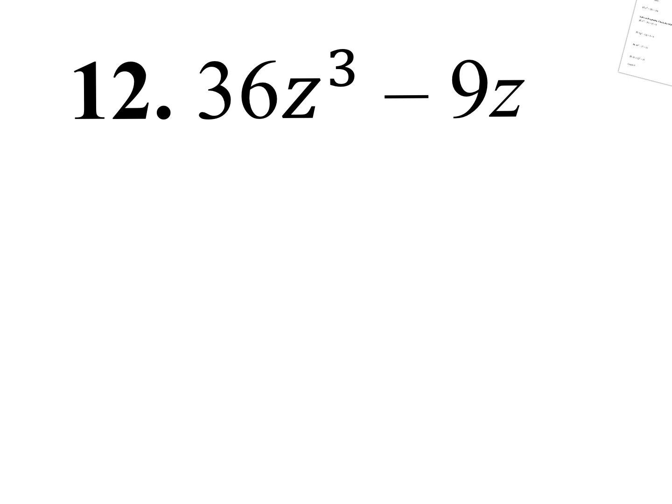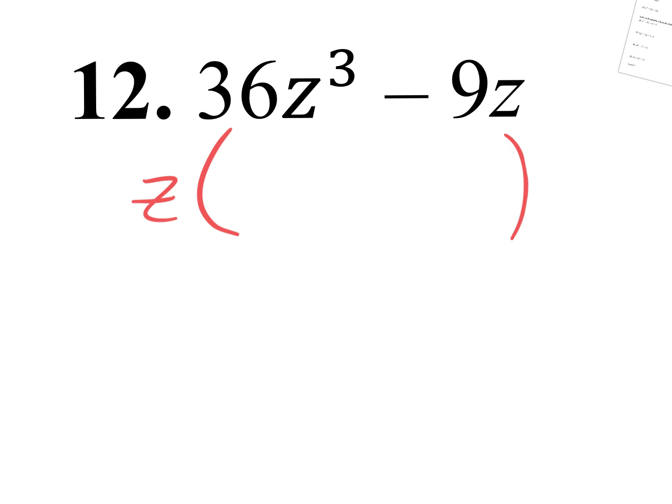So if there's something in common, pull out that thing that's in common. So as you can see on number 12, the 36z to the third and the minus 9z, there's something in common that you could pull out. For sure, you could pull out a z, but there's something more. There's actually a numeric value you could pull out, both of 36 and 9. And what is that greatest value that you could pull out? Because of GCF, greatest common factor. What could you factor out of there?